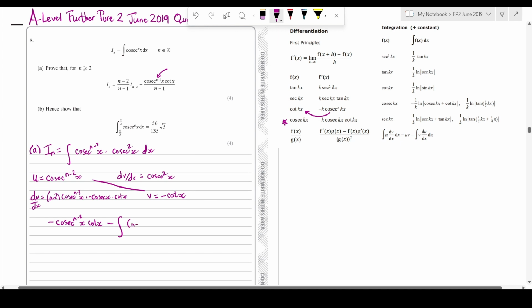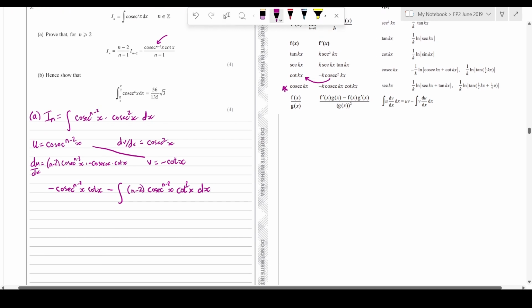So I've got n minus 2. Cosec here is to the power of n minus 2, so I've got another cosec there. And then I've got cot times cot, so we've got cot squared. And then let me think about the minus sign. This thing's a minus, this thing's a minus, times together to give a plus. However, I've got a minus in front of the integral, so this is correct.